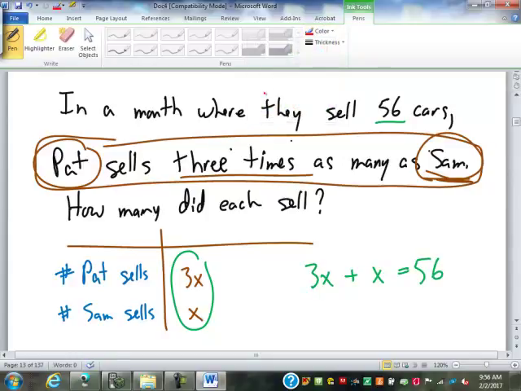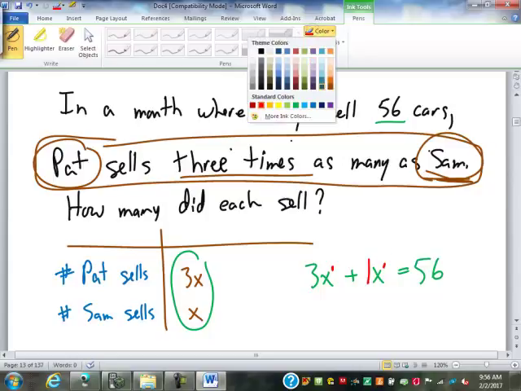Now when you see an x like that by itself, there are some, we call them hidden ones or invisible ones, whatever you want to call them. This is really 1x. We just don't write the 1. Kind of like having an inch. We sometimes just say, instead of 1 inch, we just say an inch. It's also to the power of 1 that we went over when we did our powers. In this case, that doesn't really matter because it's just x and x.